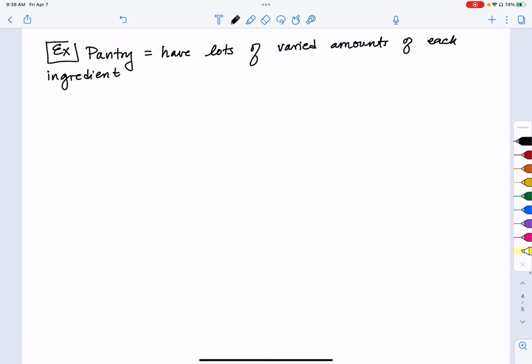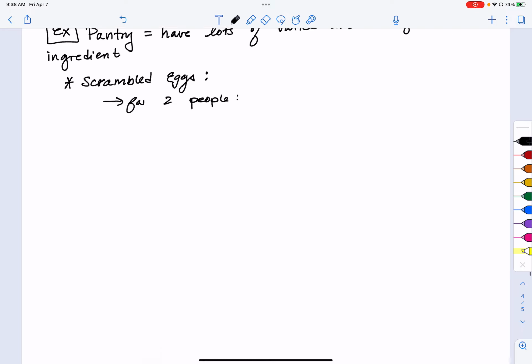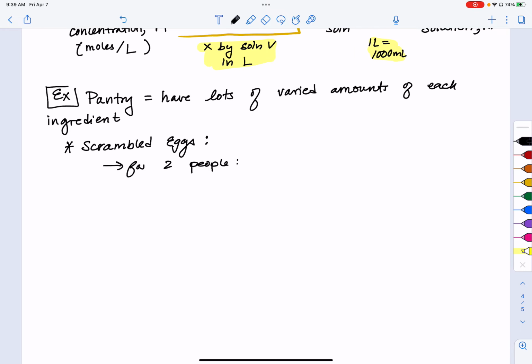So for example, if I wanted to make myself some scrambled eggs, and let's say I wanted to make it for myself and my spouse, then I would need to use more eggs than are given in my recipe.